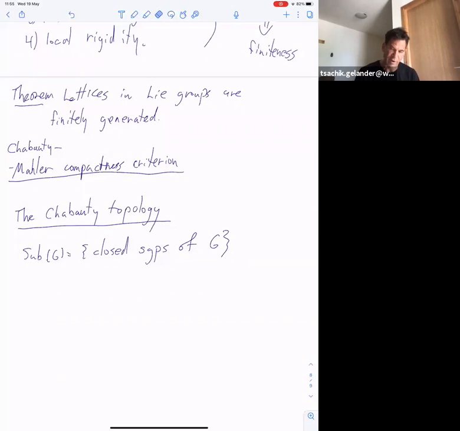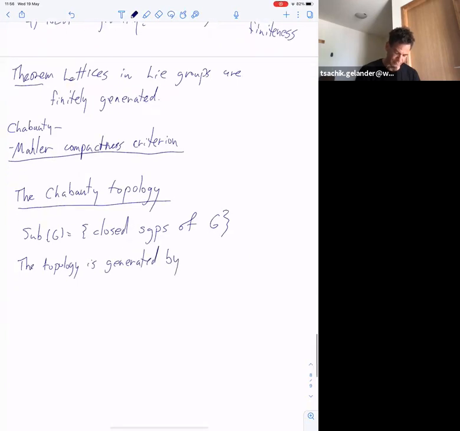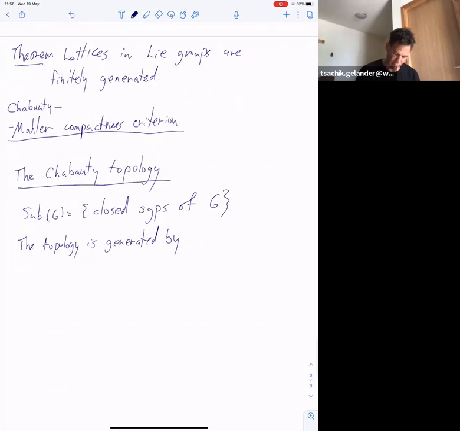The topology is generated by sets of two kinds.